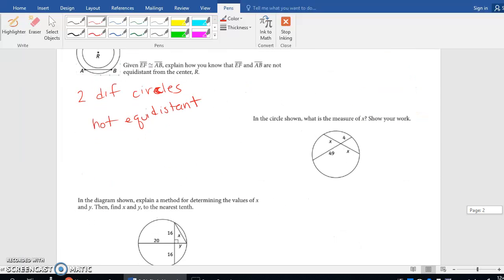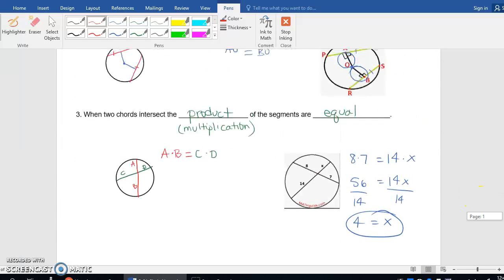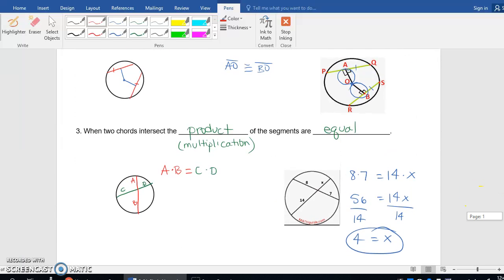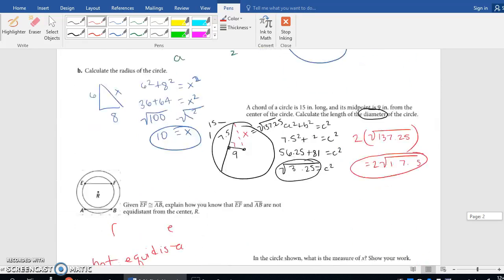Next one. In the circle shown, what is the measure of x? Show your work. Well, I've got 2 chords. They intersect each other. So rule 3 says when 2 chords intersect, the product of the segments are equal.